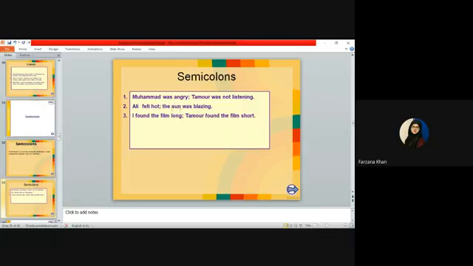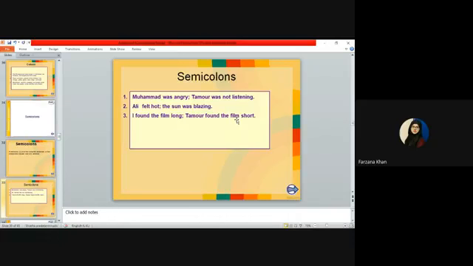In another sentence, you can see, Ali felt hot; the sun was blazing. Ali felt hot because the sun was blazing. Again, the connecting word is missing. That's why two independent sentences or clauses have been connected with the semicolon. In the last example, you can see, I found the film long; Tamur found the film short.